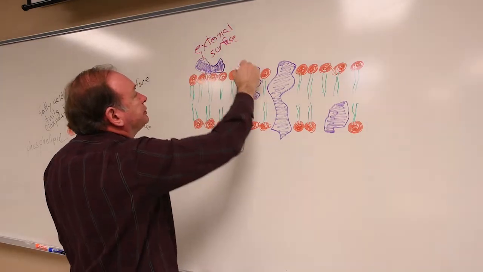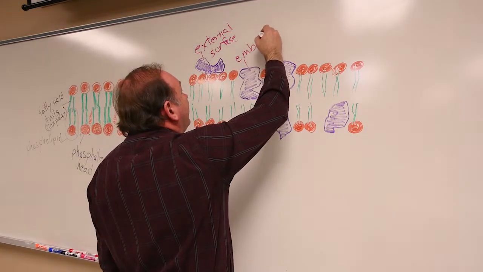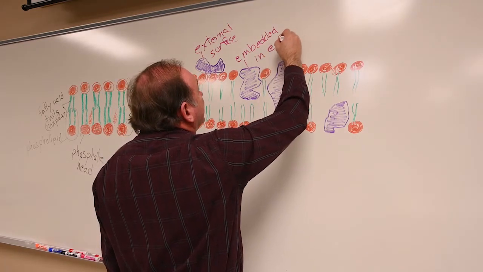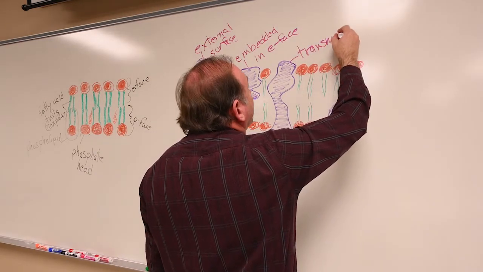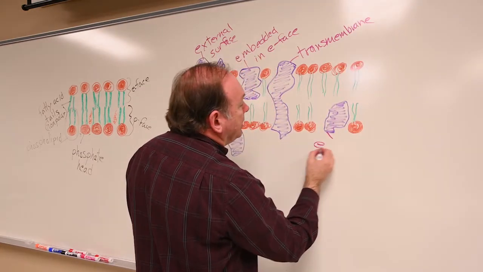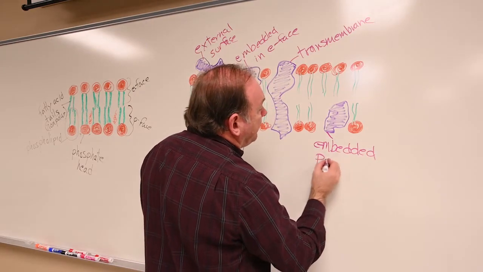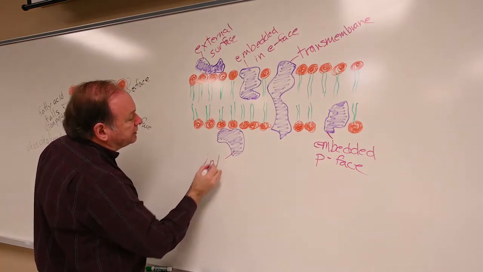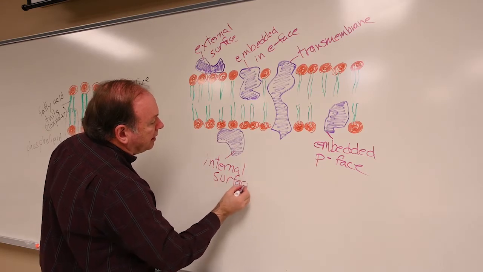So you have your external surface, you have embedded in the E face, you have transmembrane proteins, you have embedded proteins on the P face, and then you have internal surface proteins.